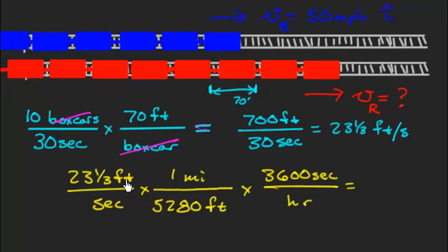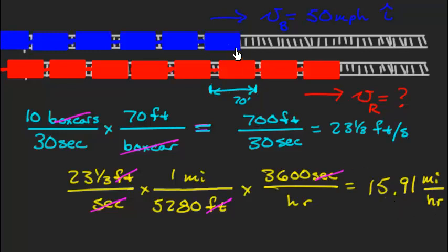And what does that do for me? Notice that my feet up top cancel out my feet down below, and I've got a second down in the denominator, and I have a second up here in the numerator. So if I combine all that good stuff, what do I get? I get 15.91. I have miles on the top per hour on the bottom. 15.91 miles per hour.